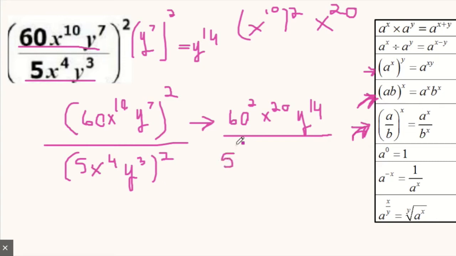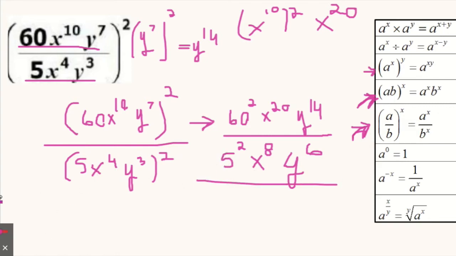5 squared, x to the 4th power squared is going to be 4 times 2, which is x to the 8th power, and then y 3 times 2 is going to give us 6. And then we can just focus on this.